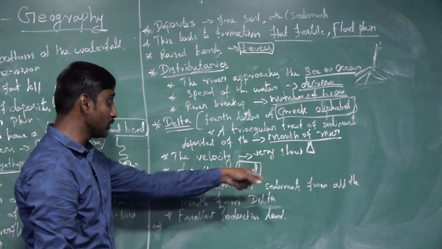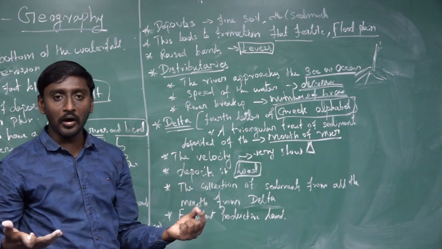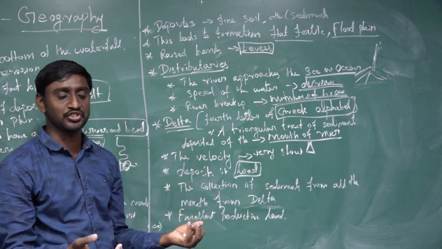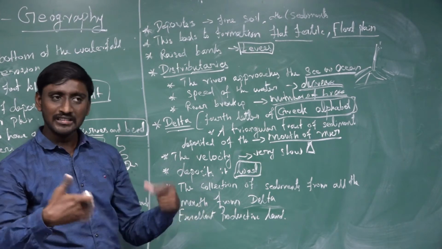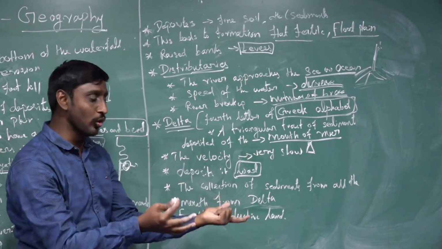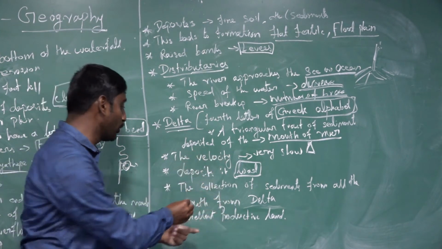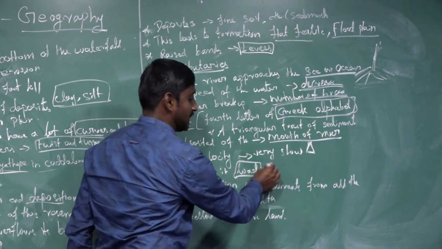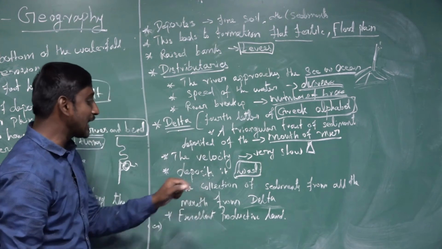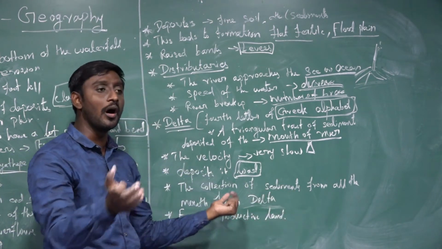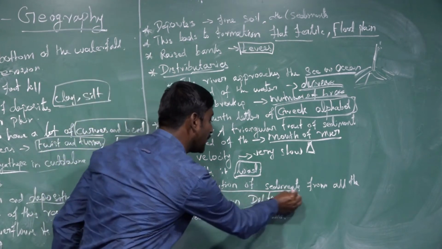The water carries away salt, minerals, dust, clay and silt, but because the velocity is slow, the water deposits the loads, and the place is called a delta. The delta is the collection of the sediment from all the mouths.